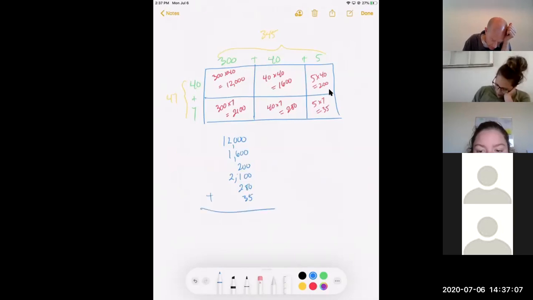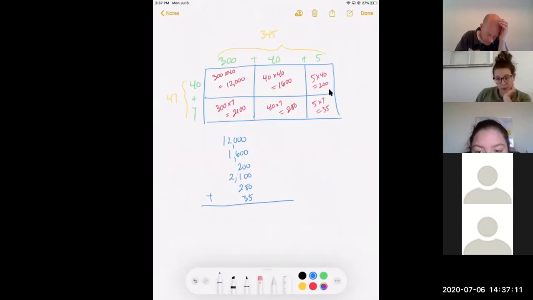And when you add up all of these numbers, you have your answer, which is 16,215.